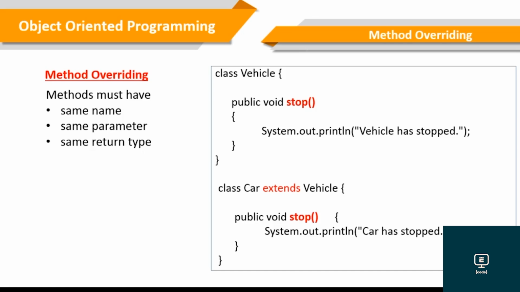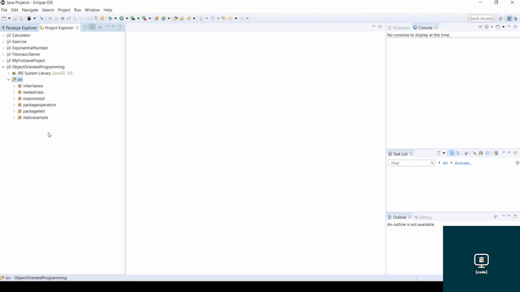The Car class gives its own characteristic to the stop method, so it overrides the stop method. It prints "the car has stopped" instead of "vehicle has stopped." Got it? Cool. Let's do some examples so that you can play along with me and understand the benefits of method overriding.